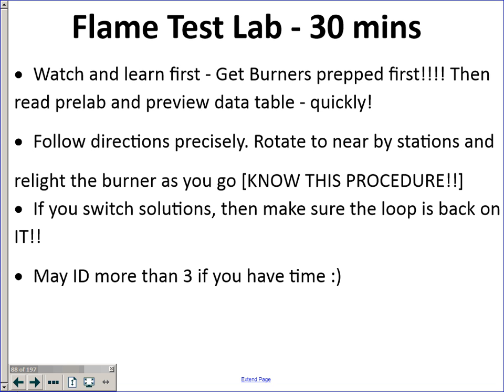Alright, you have 10 seconds to stop your bodies from moving. 10, 9.